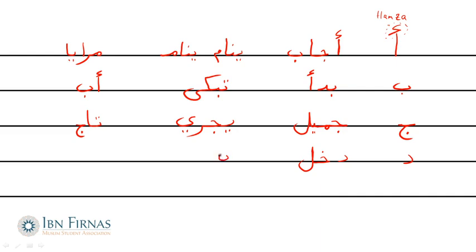When it comes in the middle, it looks like this. Yadrus. Notice how the connection looks. And finally, when it comes at the end, it looks like this. Also notice how this connection looks.